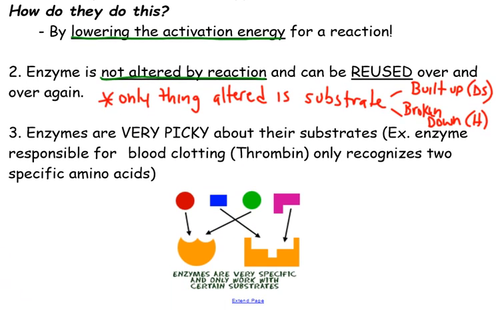And then, just as we said before, they are very picky about what they bond to. They have these specific shapes that are going to bond to specific substrates. It could be maybe they bond to a particular carbohydrate, maybe a particular disaccharide. It could be they bond to a particular lipid. But the key thing is they are specific.